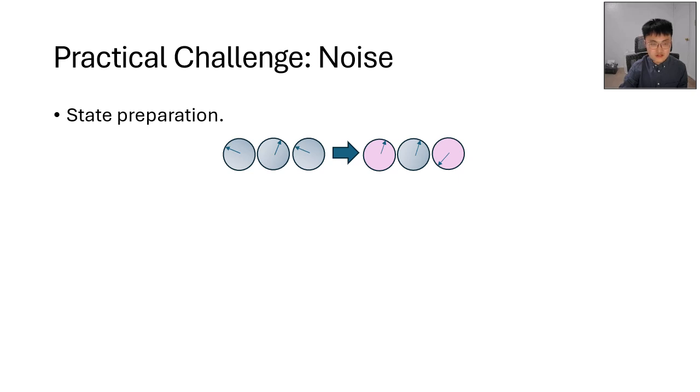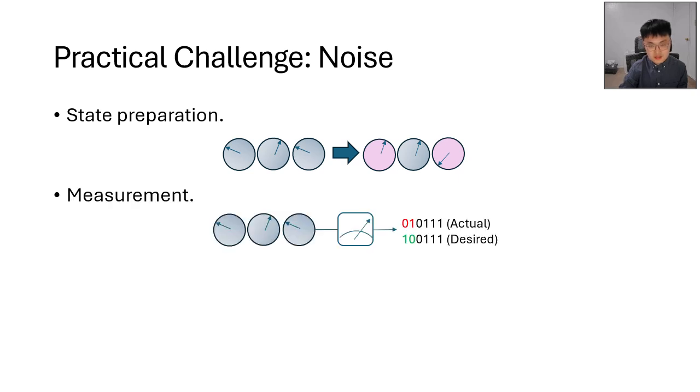So this is called state preparation noise. And noise could also appear in the measurement process. So even though your state might be correct, when you apply the measurement, it may not produce the desired outcome that you hope for. So together, these noise are often referred to as SPAM noise.